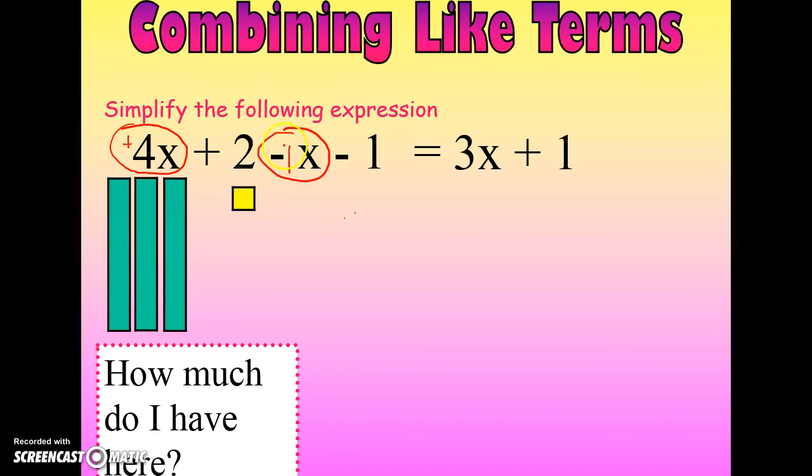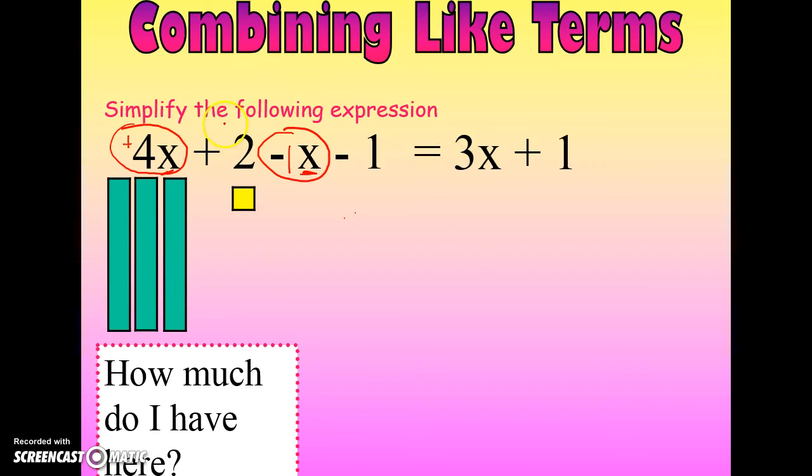If you don't see a coefficient in front of that x, we assume it's a 1. So if we have 4x minus 1x, those signs are different. I'll find the difference. What's the difference between 4 and 1? The difference is 3. What do I have more of? I have 4 positives, only 1 negative. I definitely have more positives. So that's positive 3, and you need to make sure you remember to keep that x.